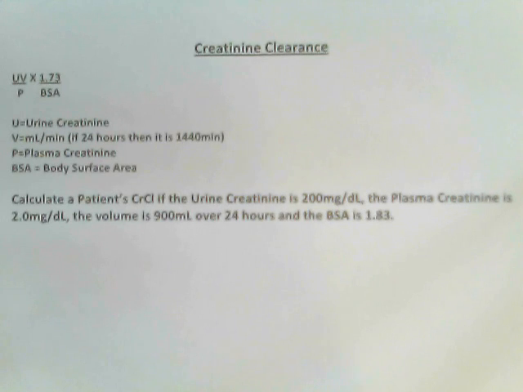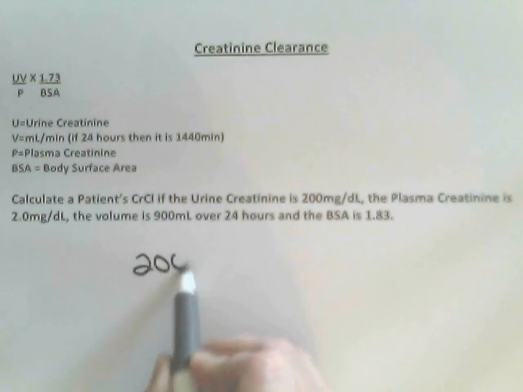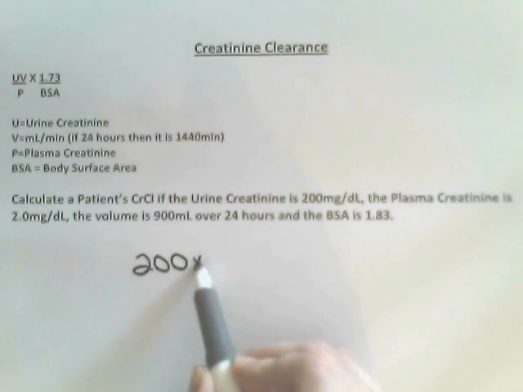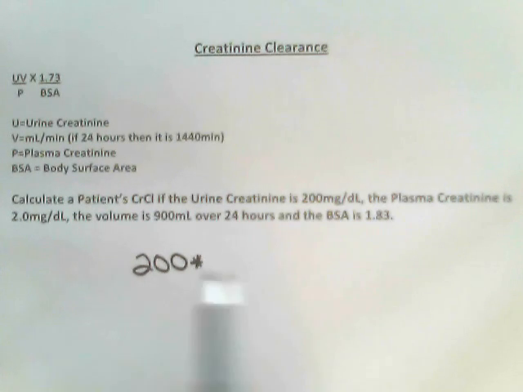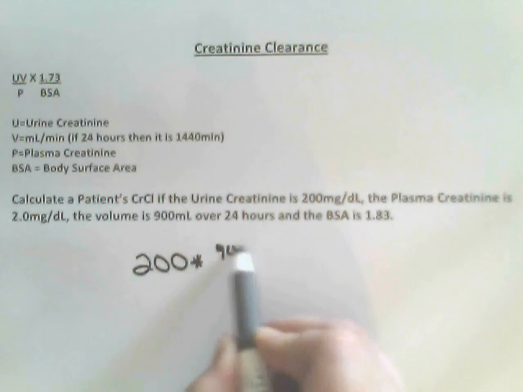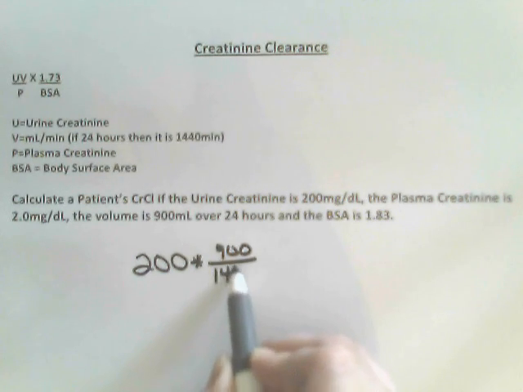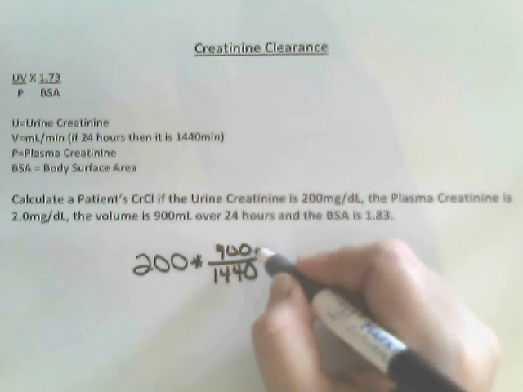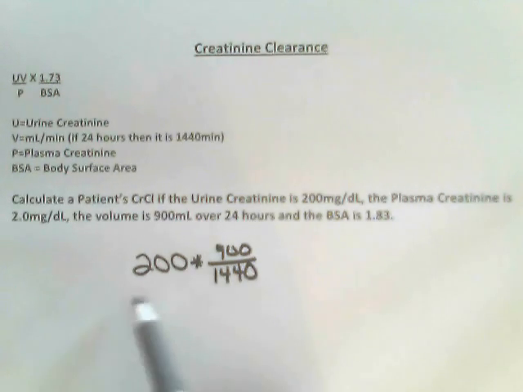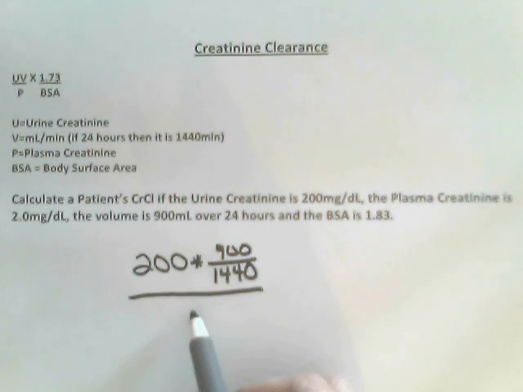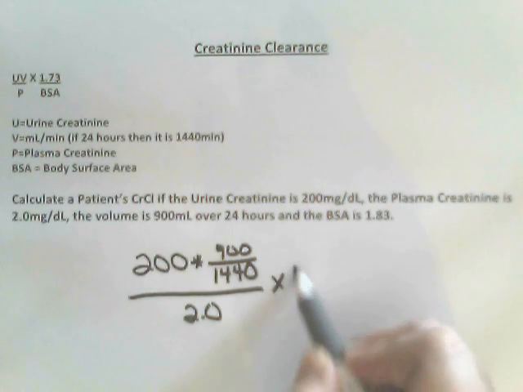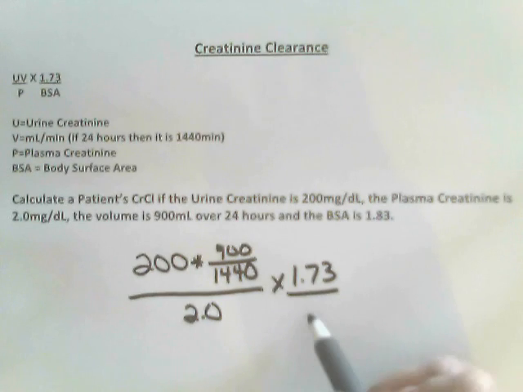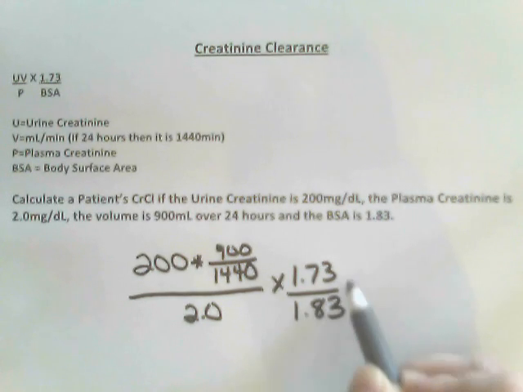So first we start off with the patient's urine creatinine. As we can see, that is 200 milligrams per deciliter. We then multiply that times the volume. Because the volume is 900 milliliters over 24 hours, we take 900 divided by 1,440. Now this gives us mLs per minute. We put that on top of the plasma creatinine, which is 2.0. We then multiply times 1.73 divided by 1.83.